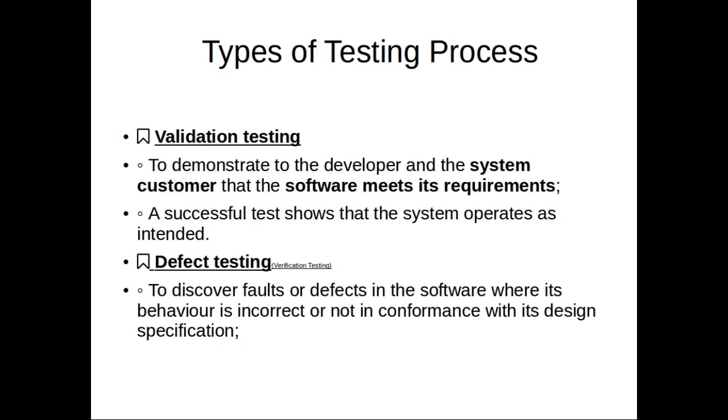Two types of testing processes are validation testing and defect testing. Validation testing is to demonstrate to the developer and the system customer that the software meets its requirements. A successful test shows that the system operates as intended. Defect testing is to discover faults or defects in the software where its behavior is incorrect or not in conformance with its design specification.